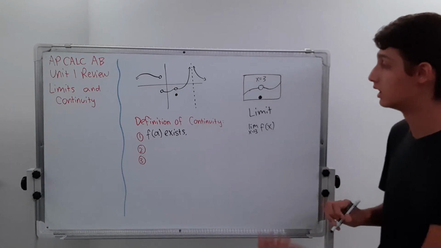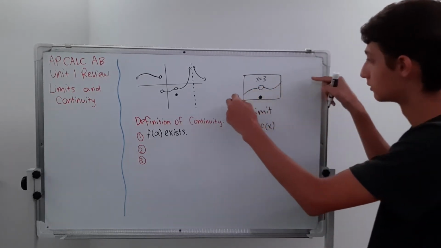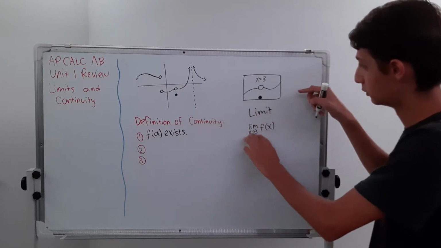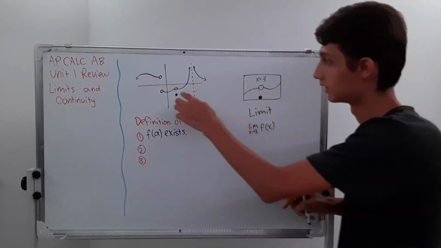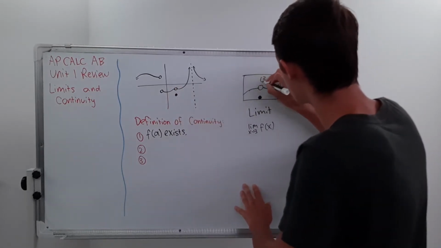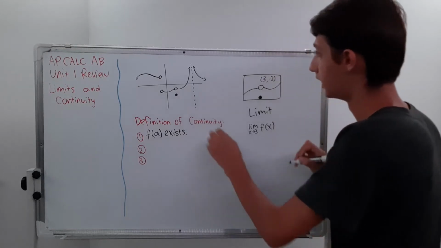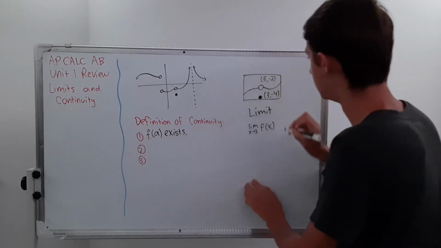What does this mean? This means when you approach from either side, you approach a certain value. And here that certain value, let's say this is -2, so we can make this an ordered pair, (3, -2), right? And then down here this can be (3, -4).